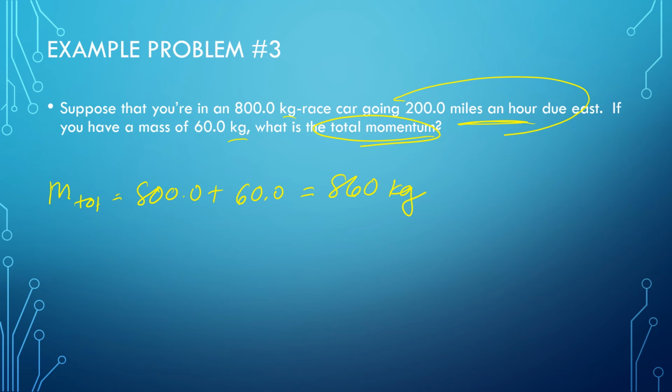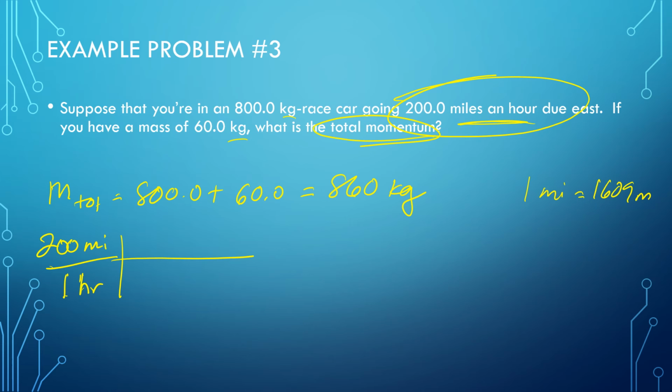I gave you a speed, unfortunately, in miles per hour, so you need to convert those miles per hour to meters per second. Remember that 1 mile is 1,609 meters. So I'm going to take my 200 miles per hour and convert this to meters per second.